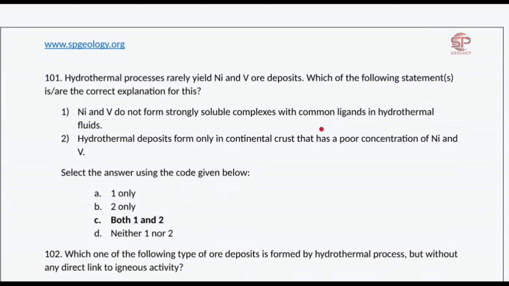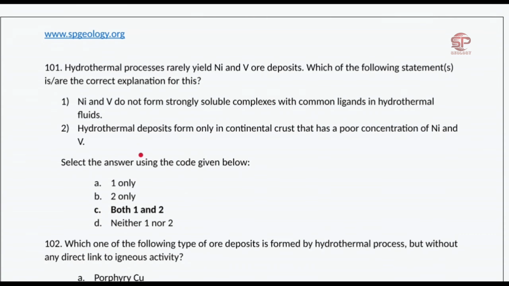That thing does not occur in the case of nickel and vanadium, and they are also in very poor concentration in continental crust. So that's why the hydrothermal fluid also cannot get enriched. So both the statements will be true. So the answer will be 1 and 2 both. Answer will be C.